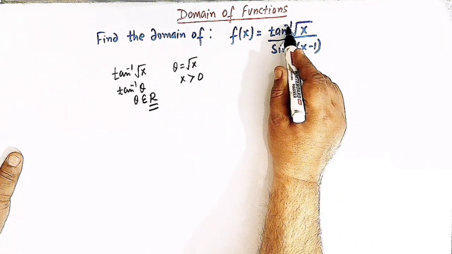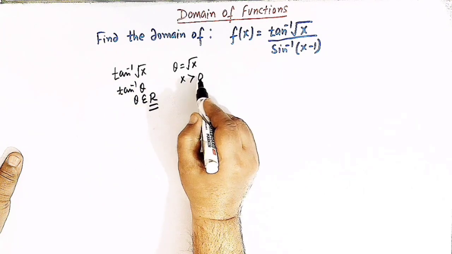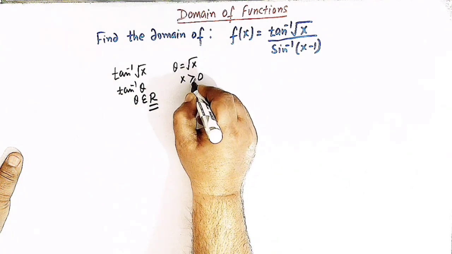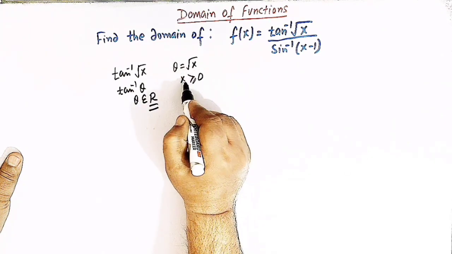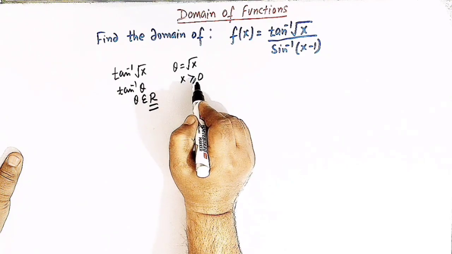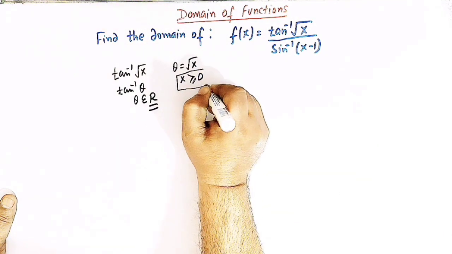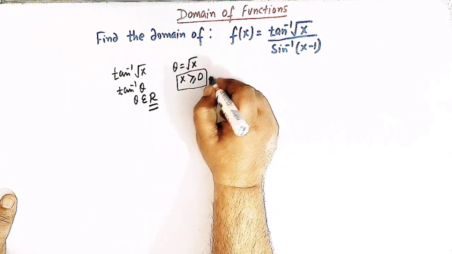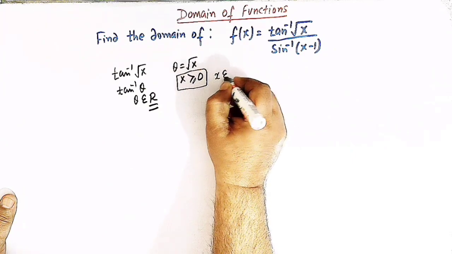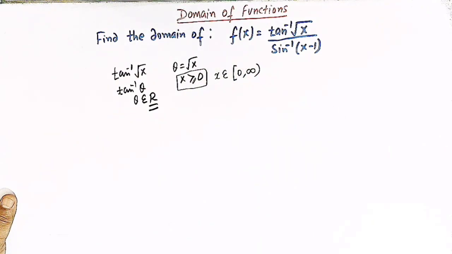So the domain of tan inverse square root of x is x greater than or equal to 0. Here x can take all the positive real numbers, including x equal to 0, which can also be written as x belonging to the interval 0 to infinity.